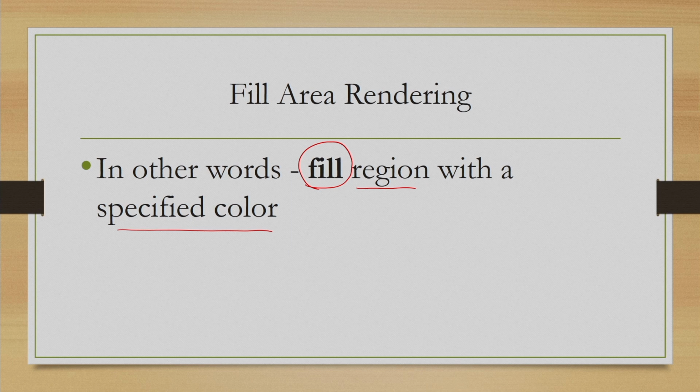When we are talking about fill area rendering, we are referring to a region and our objective is to fill that entire region, that means the pixels that are part of that region, with a specified color. This is in contrast to what we have learned earlier, where our objective was to find out pixels and of course assign colors to them which are part of a line or the boundary of a circle.